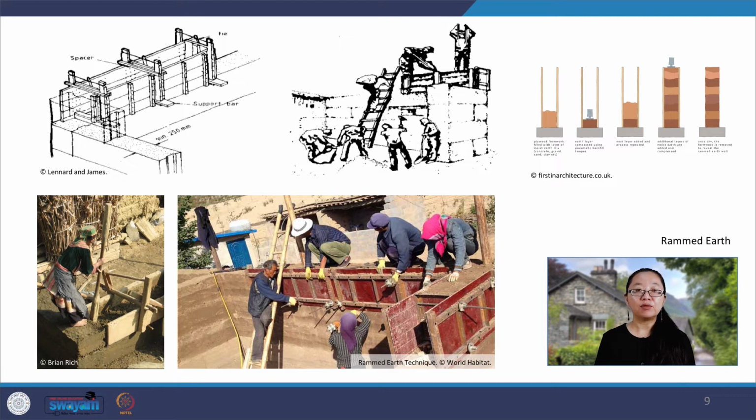These layers can be rammed continually until the wall is complete, with no need to wait for each layer to dry out. The walls are then allowed to dry naturally once the frame is removed. Because of the layered construction, rammed earth walls are characterized by a horizontal strip pattern, and by using different colored soil, this effect can deliberately be emphasized.